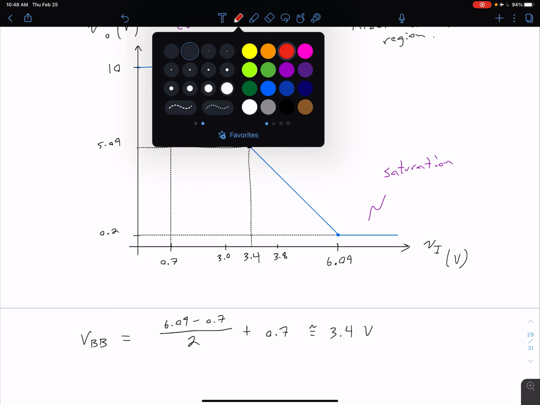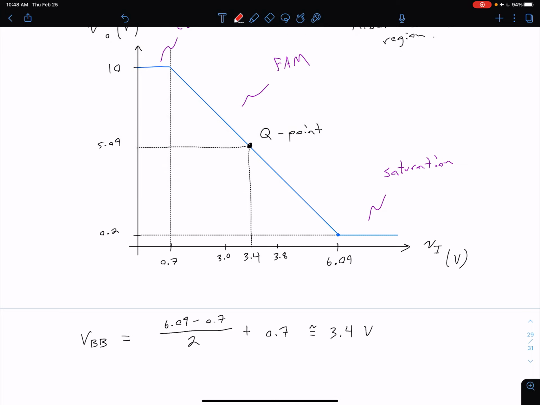And so we can look at this graphically and say, if our input voltage is increasing to 3.8, then based on this blue curve, which we got from our DC analysis previously, that means we're going to have some corresponding output voltage that looks like this.